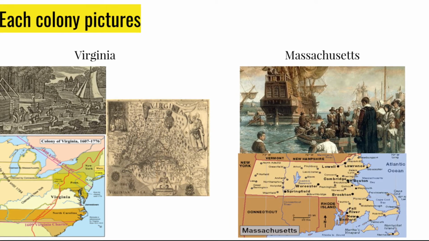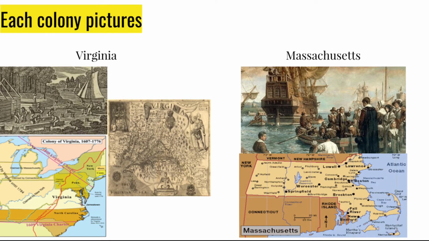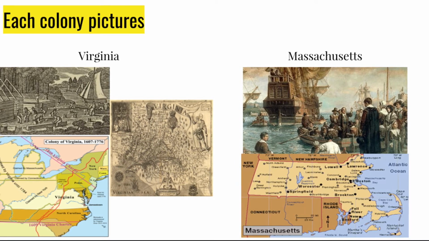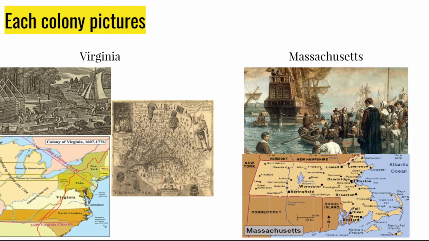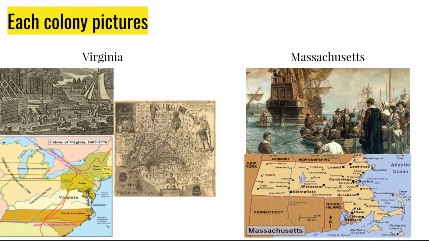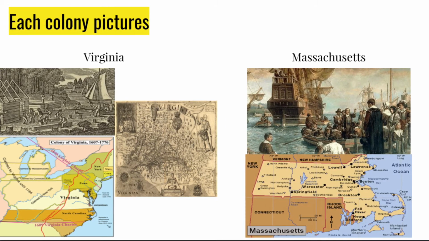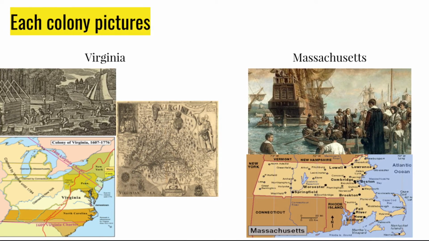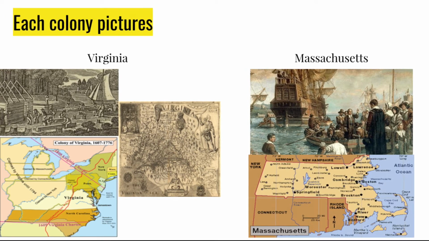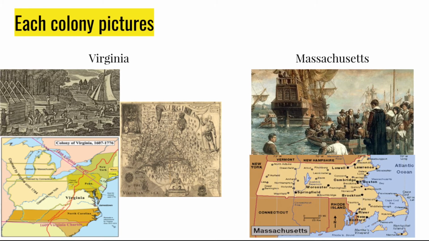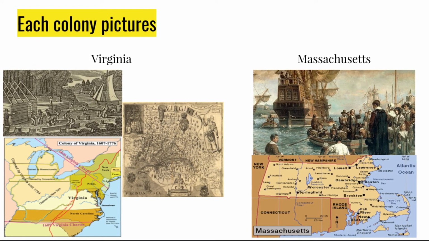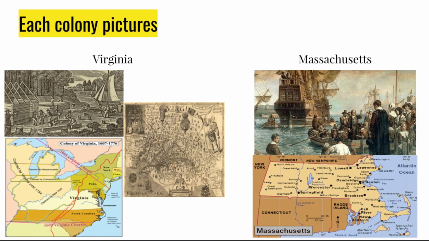The third photo, which is beside both of them, is a map of the United States showing what Virginia had or not. On the right side, in turn, we have Massachusetts photos of the colonization. The first one shows people waiting and seeing the boat leave while they were colonizing new land, and beneath that we have a map of all of the colonies including Massachusetts and also describing what was inside of it.